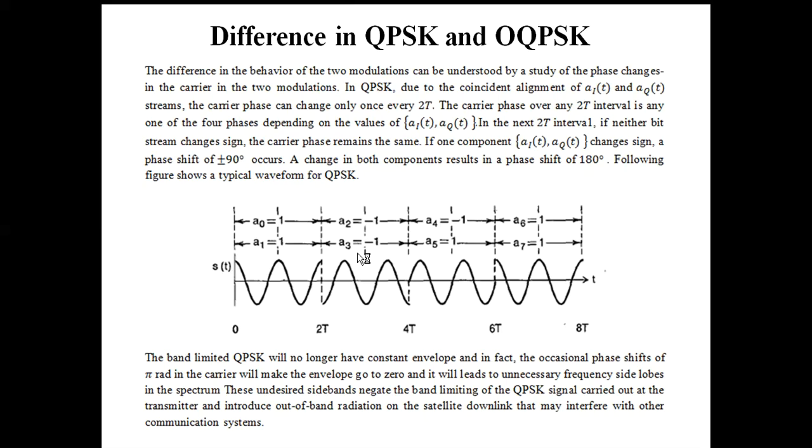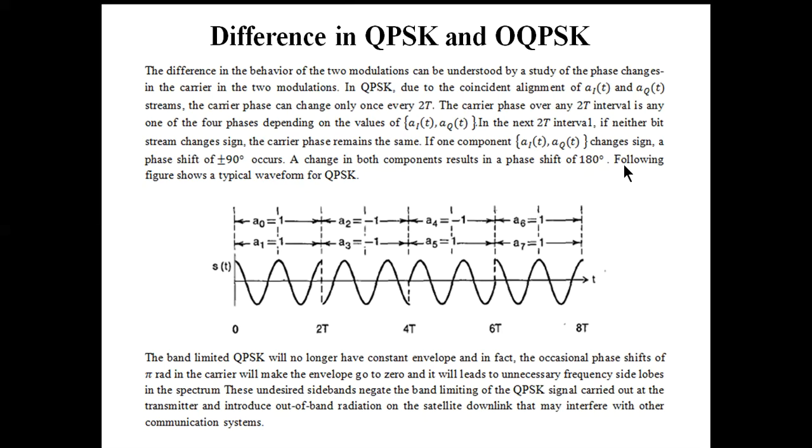If 2 bits change their sign, the phase shift will be 180 degrees. But if one bit is changed, the phase shift will be plus or minus 90 degrees. So the phase shift is 0 at the start, but at this point the phase shift is 180. If we consider A4 and A5, A2 is -1 and A4 is -1, but A3 is -1 and A5 is +1. So one bit has been changed, and a +90 phase shift has been introduced here.